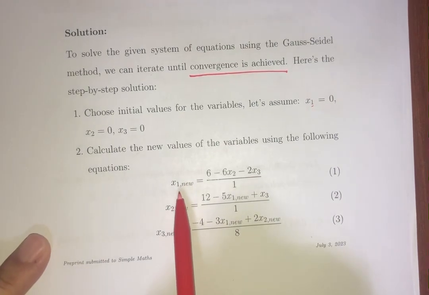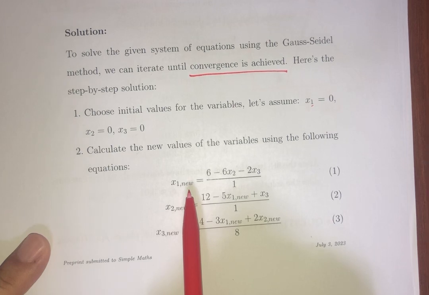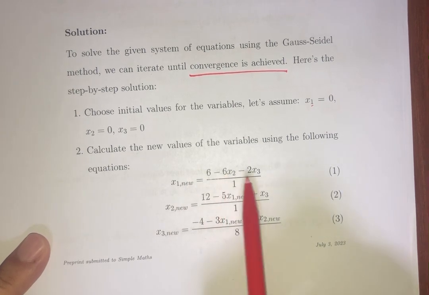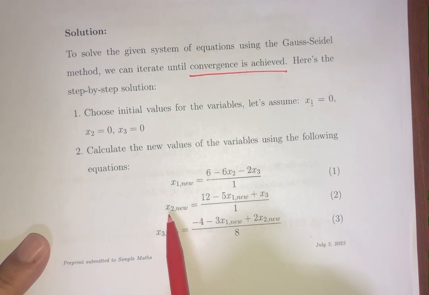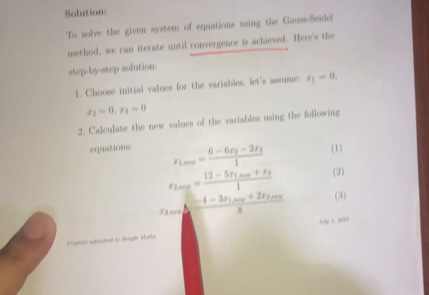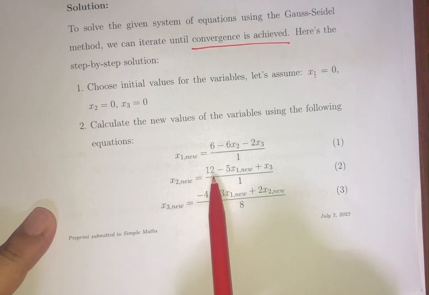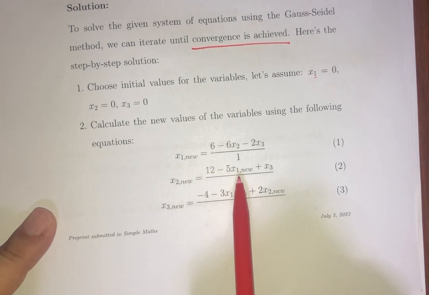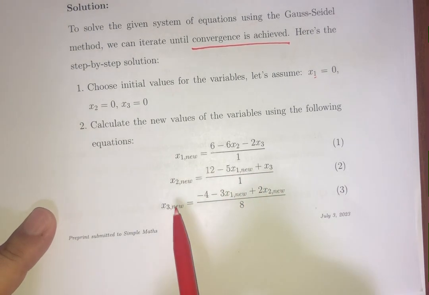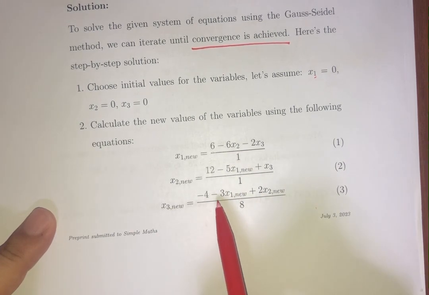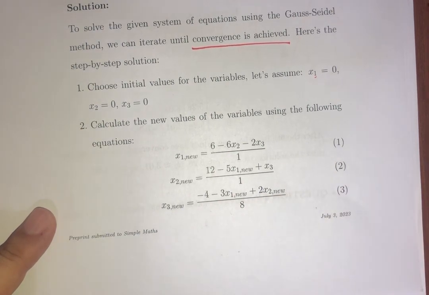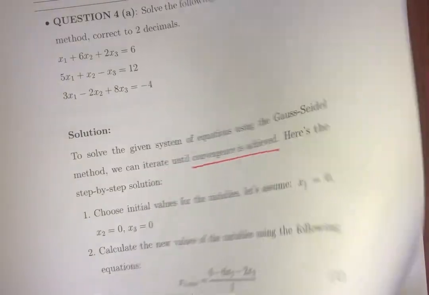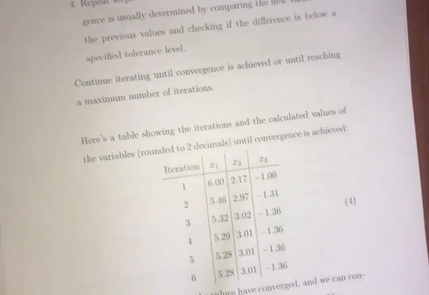We write the new variable x1 new, which is equal to 6 minus 6x2 minus 2x3, and similarly the new variable of x2, represented by x2 new, is given as 12 minus 5x1 new plus x2, and similarly the last, x3 new, is equal to minus 4 minus 3x1 new plus 2x2 new divided by 8. So these are the 3 equations which we get for the new variables.